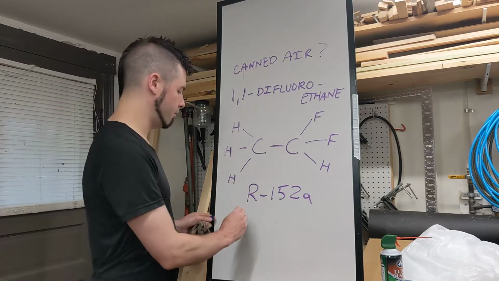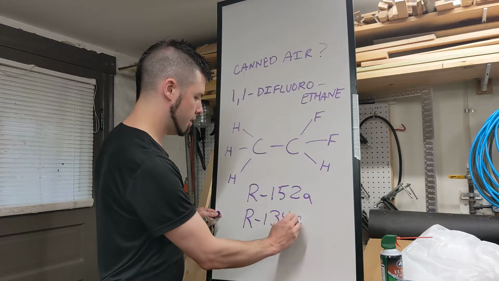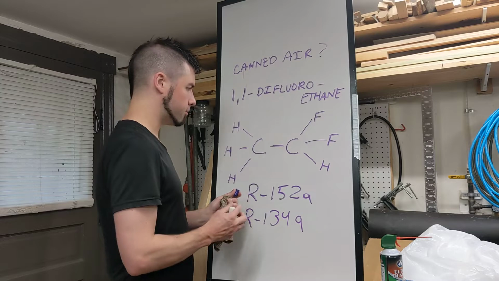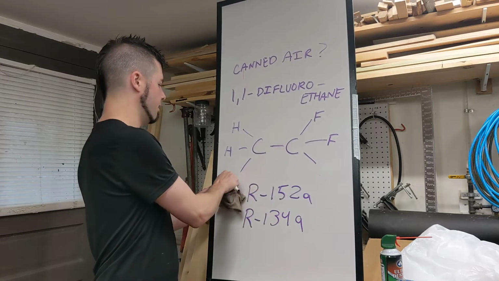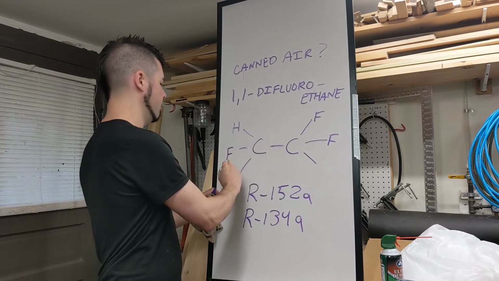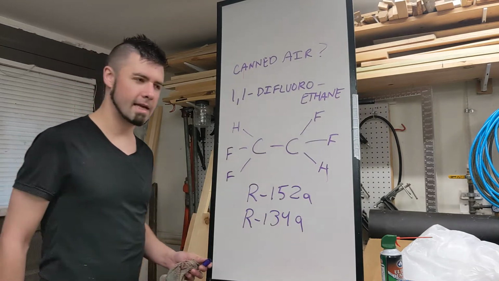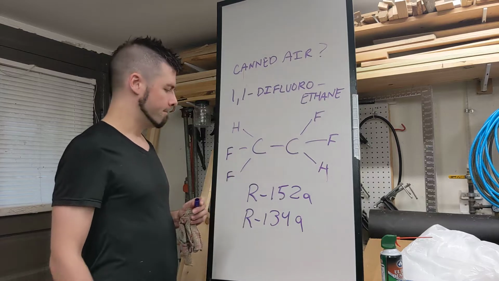Some of these dusters use a gas called R134A. And R134A basically adds two more fluorines. Actually, I think it does it this way. Two of them are over here, and two of them are on that side. Very similar gases, just one has two fluorines, one has four.